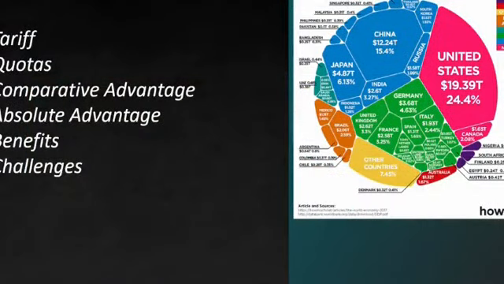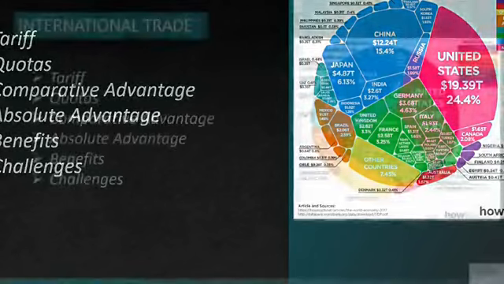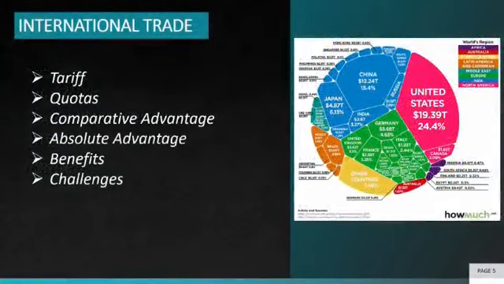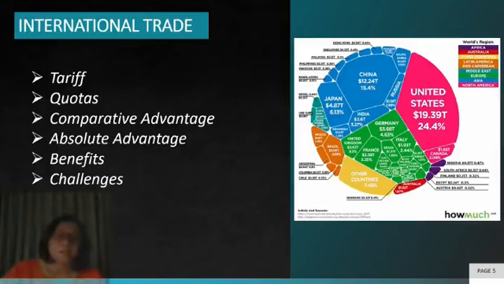As for the second chapter, we will learn about international trade. Understanding international trade involves grasping several key concepts, including tariffs, quotas, comparative advantage, and also absolute advantage.